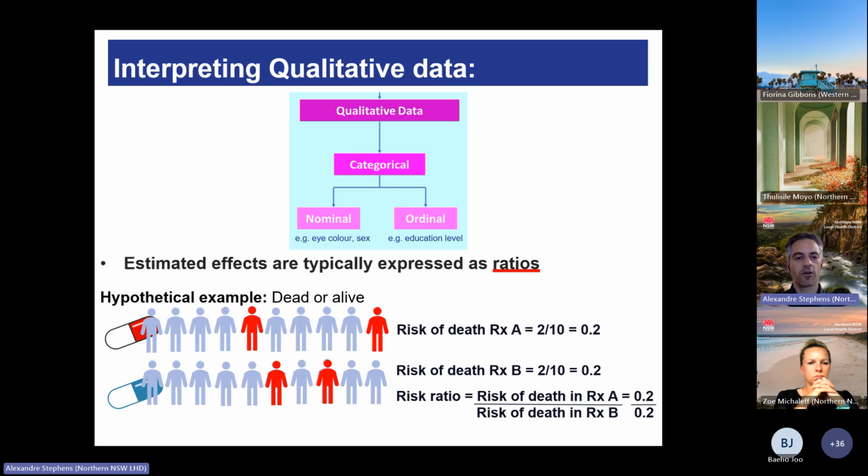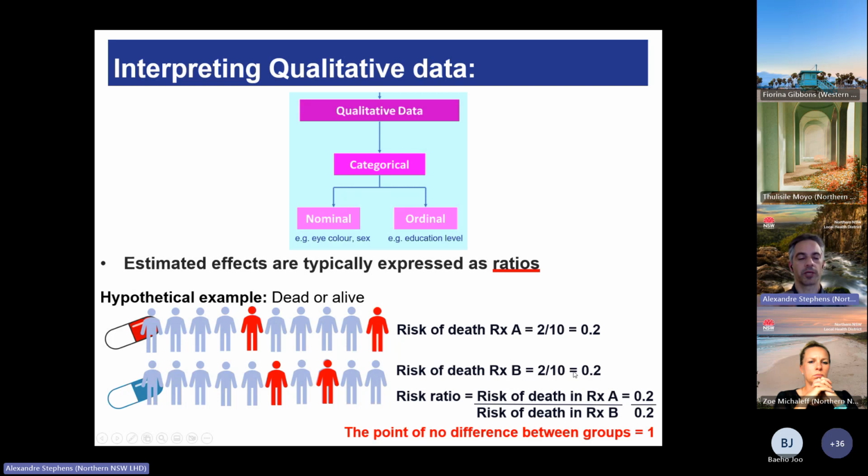So to get a sense of the effect of a particular drug, let's say the red one, on the risk of death compared to the comparator, say the blue, you just do a ratio of the proportion which have died. This gives us a risk ratio of death, which is essentially the risk of death in group A divided by the risk of death in group B. Because we know that the proportion that have died is identical in both groups, it's going to be 0.2 over 0.2.